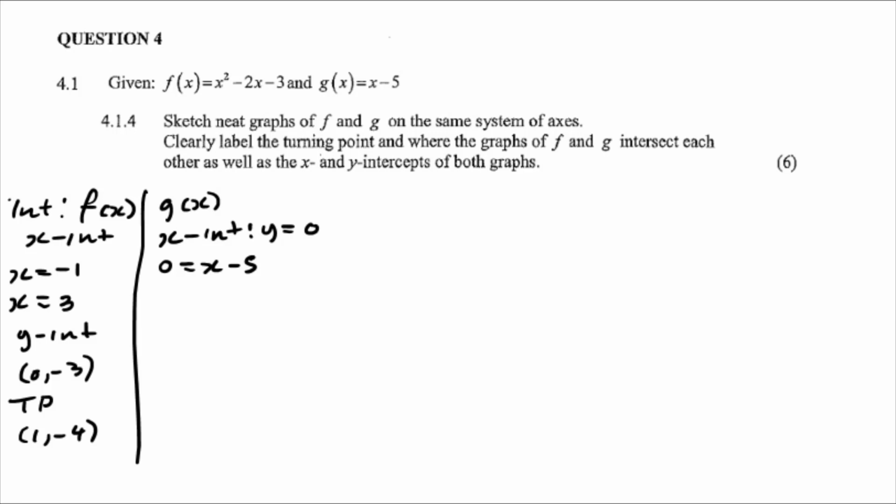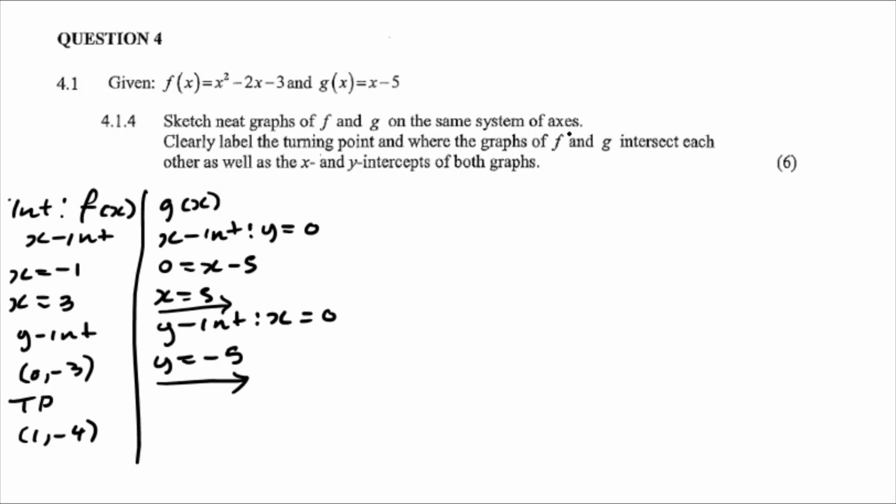Then for our y-intercept, we know that x is equal to 0. So meaning that now y is equal to -5. So we have two points here. We have our x-intercept, and then we have our y-intercept.